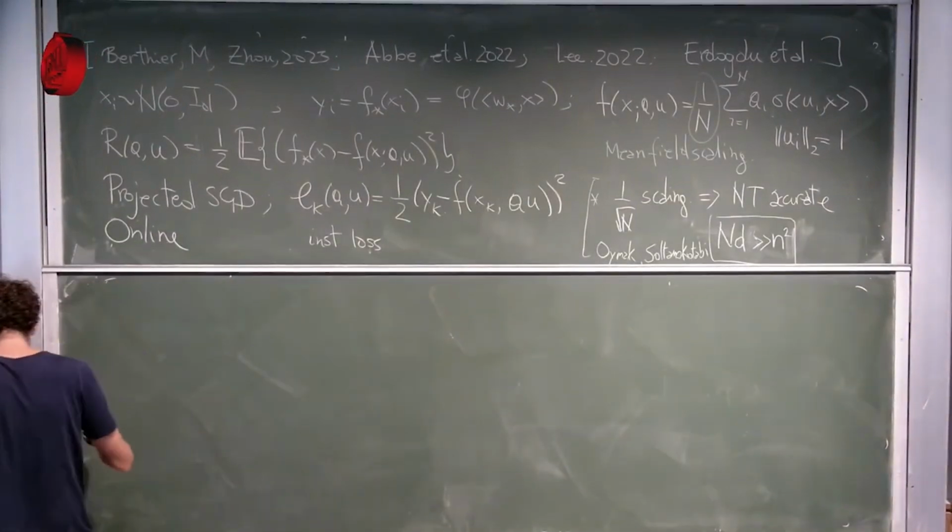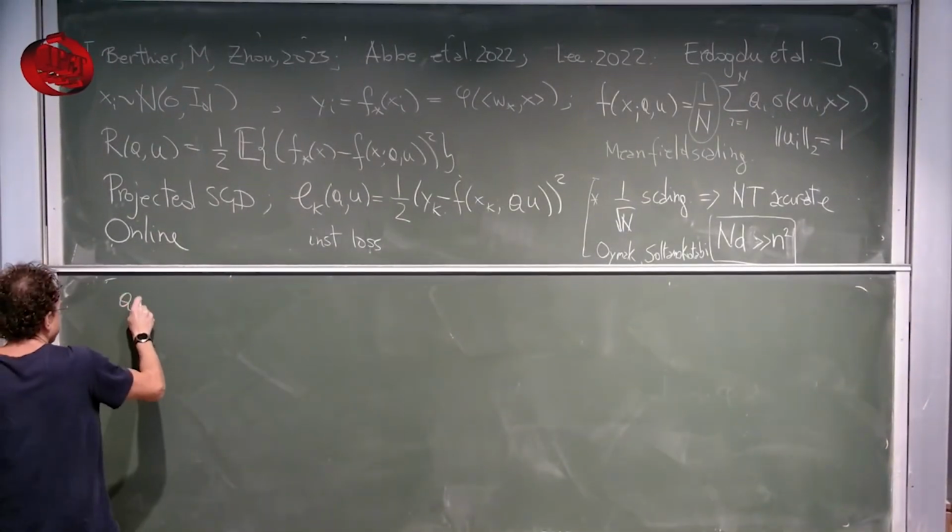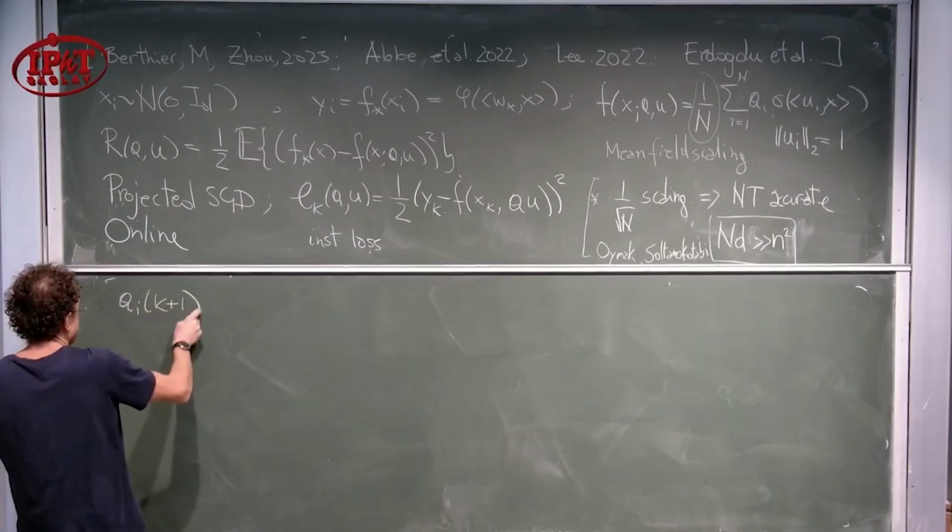What projected SGD does is take a gradient step with respect to one sample each time.